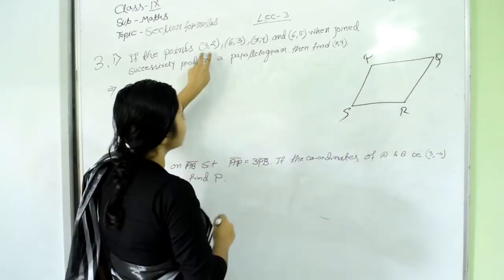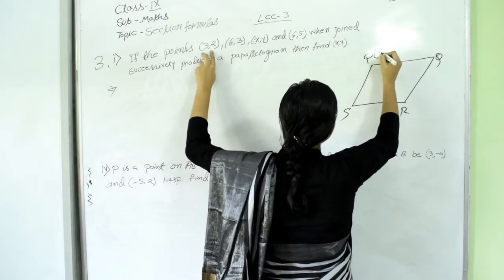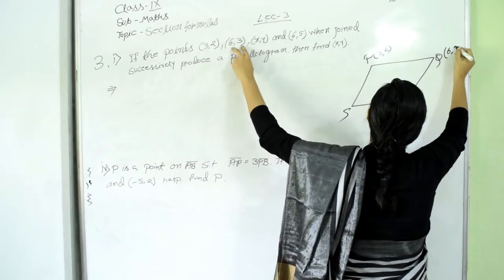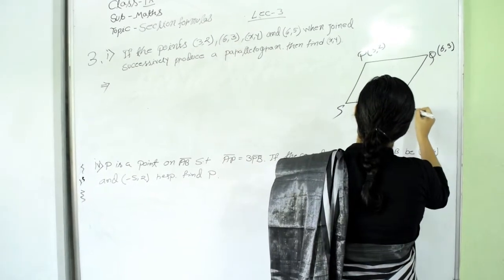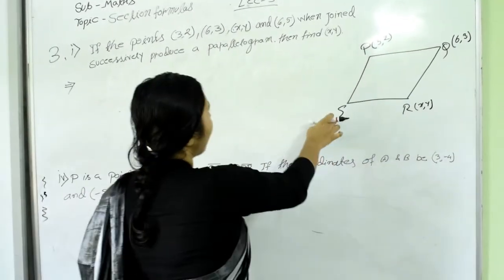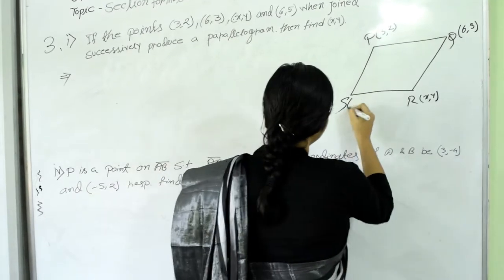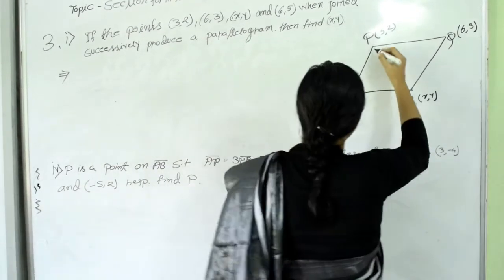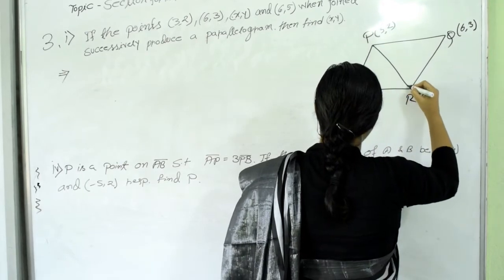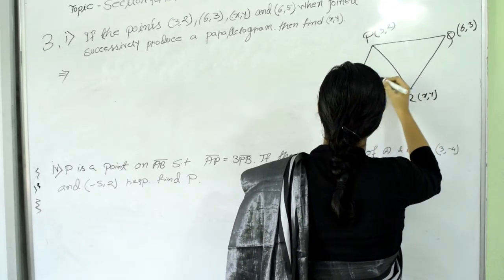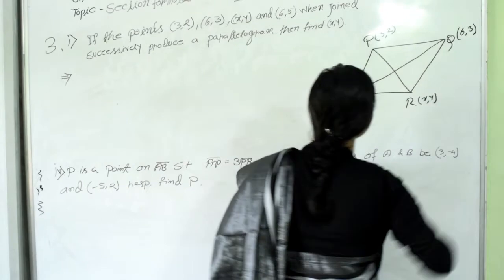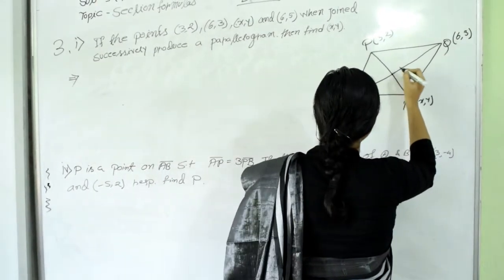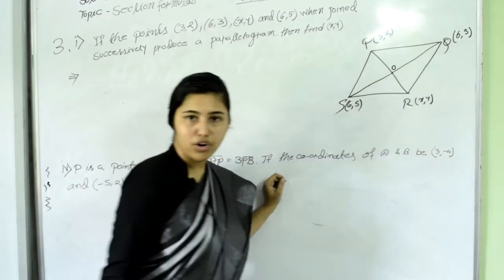Now suppose the coordinate of the point P is (3, 2), Q is (6, 3), R is (x, y) and S is (6, 5). Now the two diagonals PR and SQ intersect at a point O. Okay?